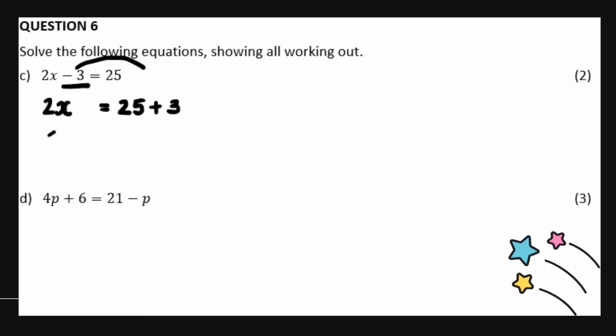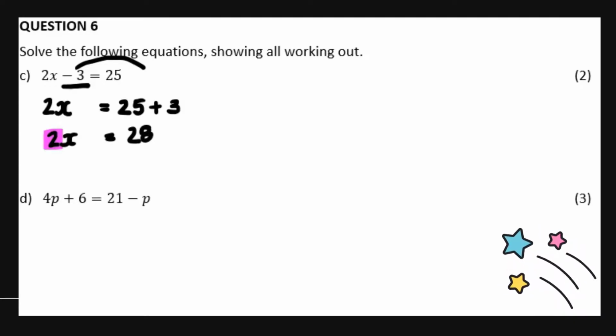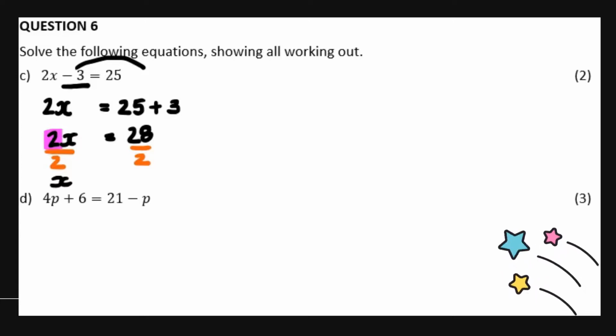We now have 2x is equal to 28. We want to remove the 2 from the x because we only want x left in our final answer. To do this, we divide by 2 on both sides. We are now left with x is equal to 14.